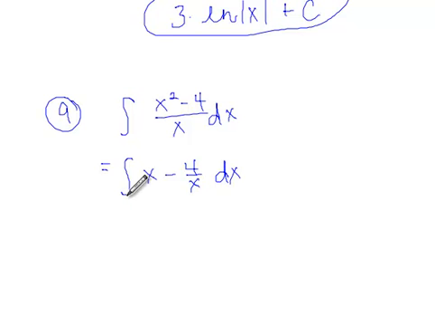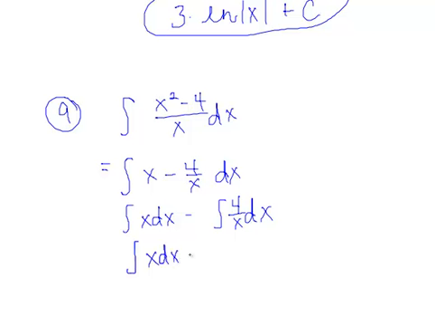So now, as I'm integrating with respect to x here, we do have a sum and difference rule that I can individually integrate. I also have a rule that I can pull this scalar out. So I have the integral of x dx minus 4 times the integral of 1 over x dx.